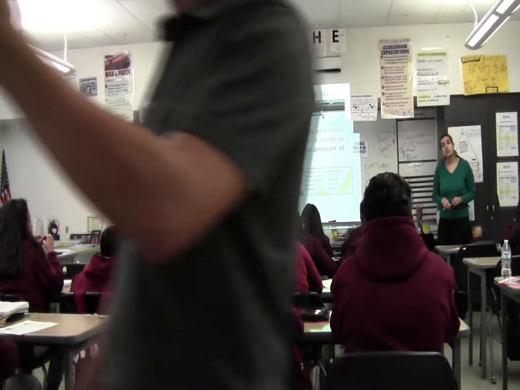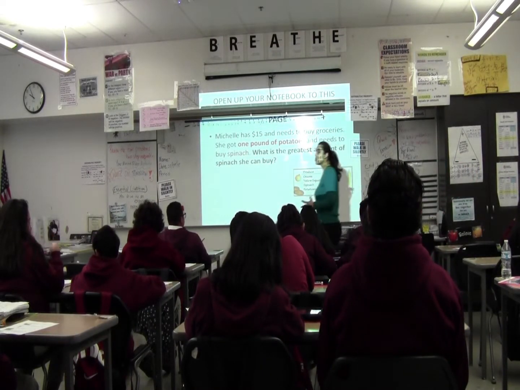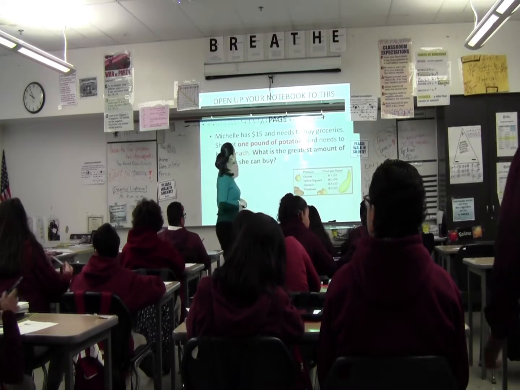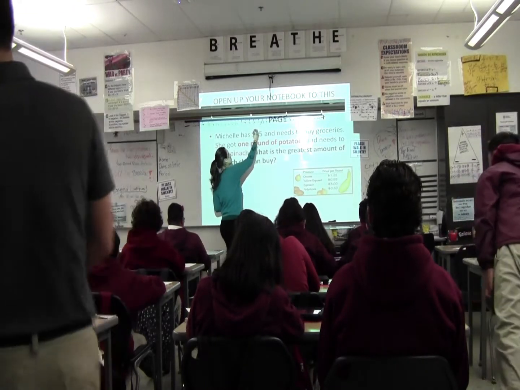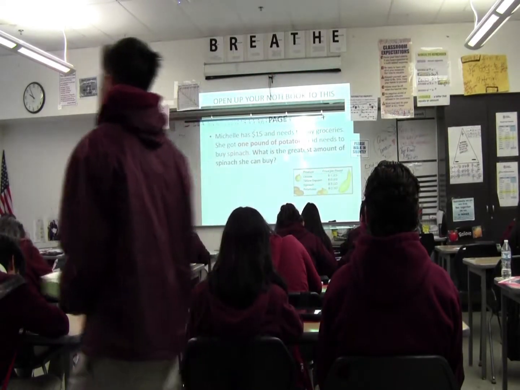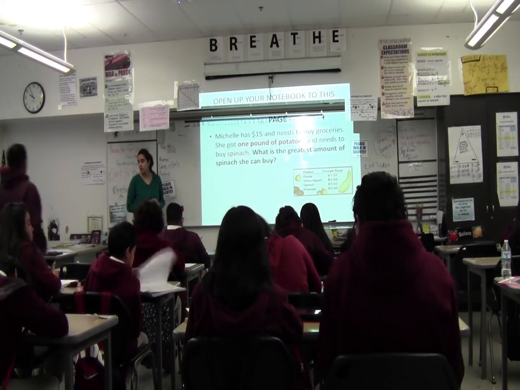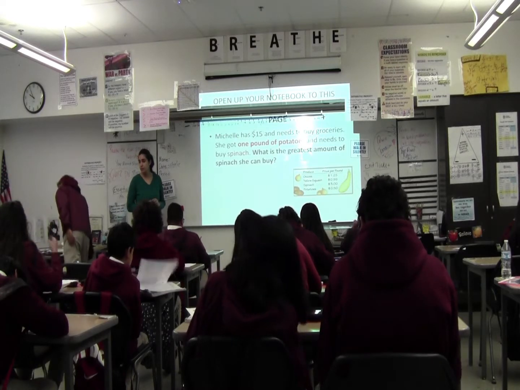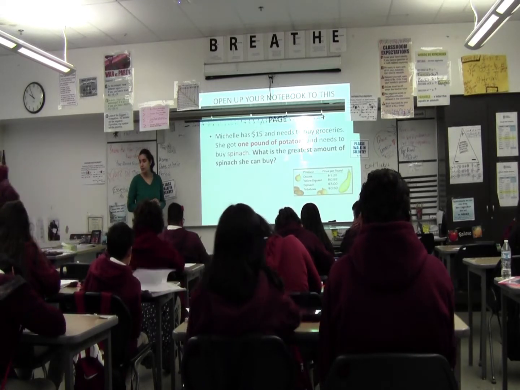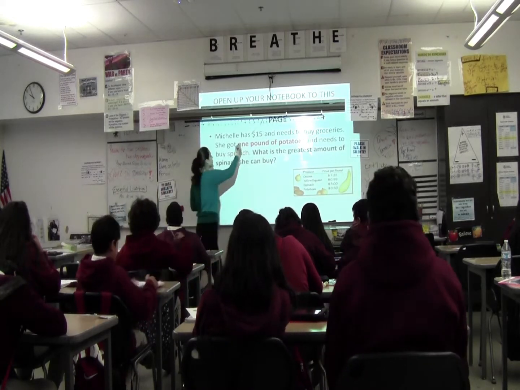The first thing I want you to do is circle the information that is going to help you. So we're going to go ahead and circle the $15. Please do that at this time on your paper. The next thing you're going to circle is the 1 pound of potatoes.